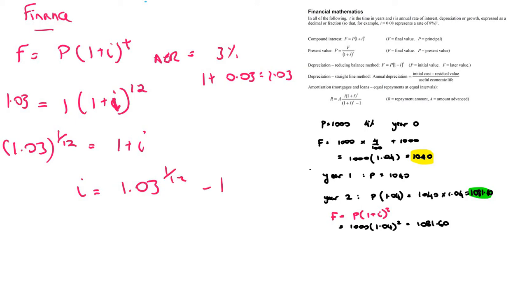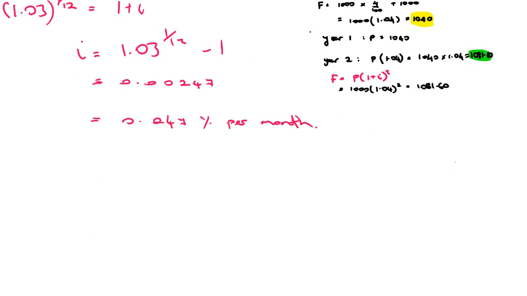So you just plug that into the calculator, 1.03 to the power of 1/12, and we're just going to subtract 1 from that. And so the interest rate there is 0.00247, which is equal to 0.247% per month.